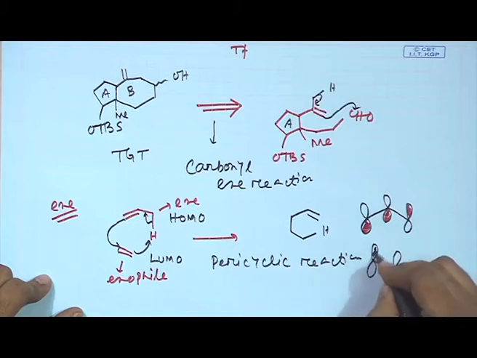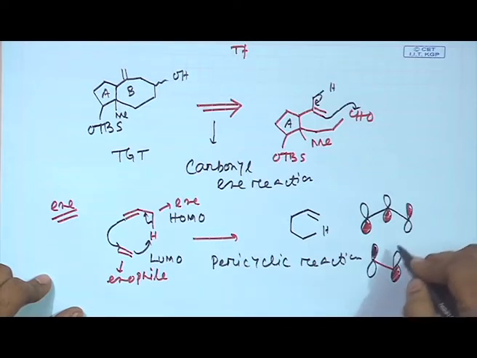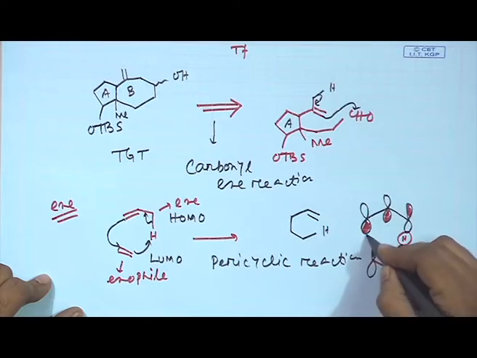We have the similar kind of color, the red color, which indicates you have a maximum overlap, and this hydrogen is particularly here. So, that makes this perfect overlap with similar electron density, this HOMO-LUMO overlap.